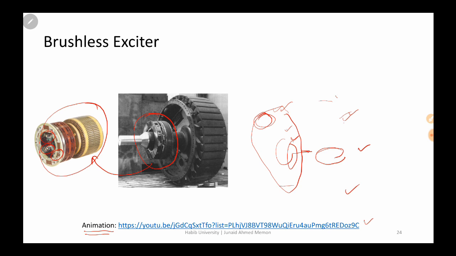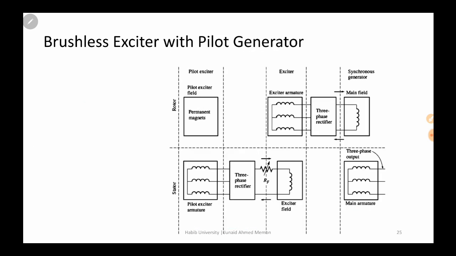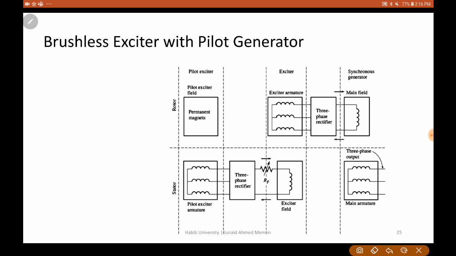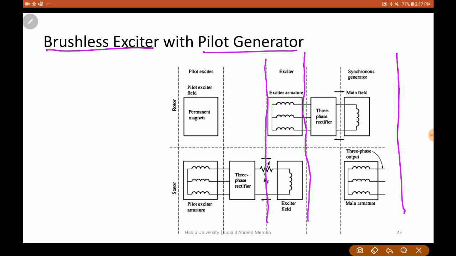But if you do not have the residual magnetic field, then we add one more complexity to the device, and the machine is then called a brushless exciter with pilot generator. So let's see what that means. Up to this point we have the same thing that we just discussed: the main generator, a diode rectifier, and an exciter generator, which is again an AC generator with a field winding on the stator and the armature winding on the rotor.